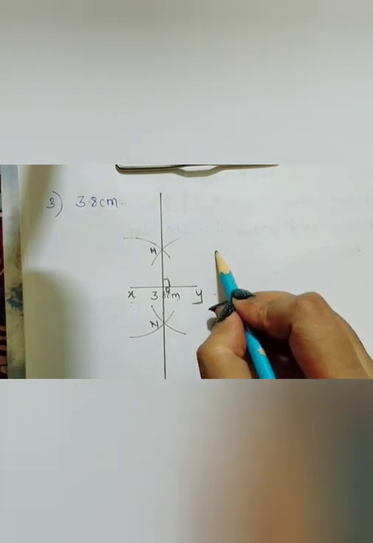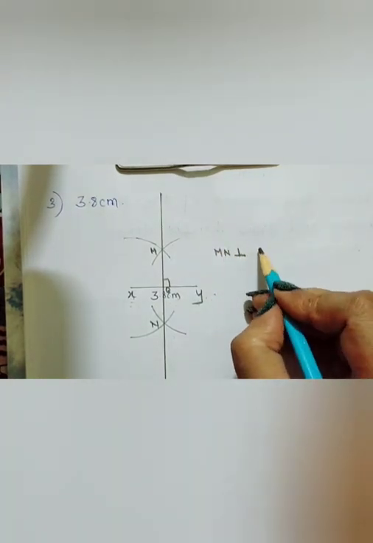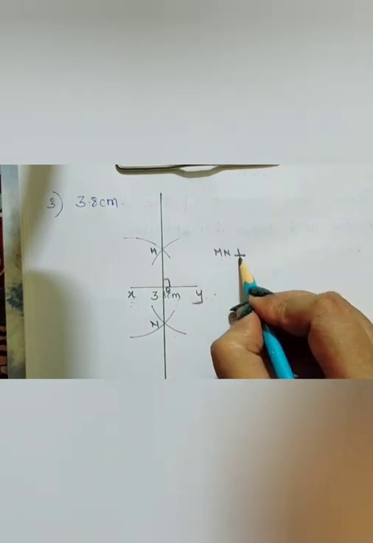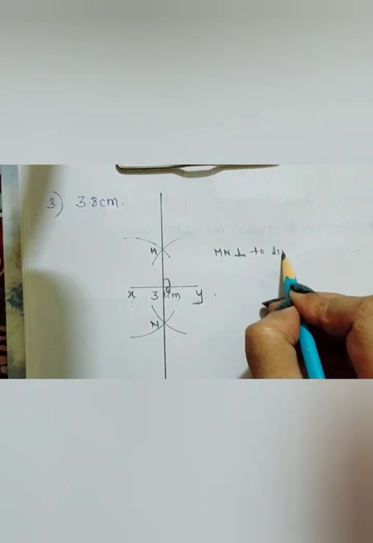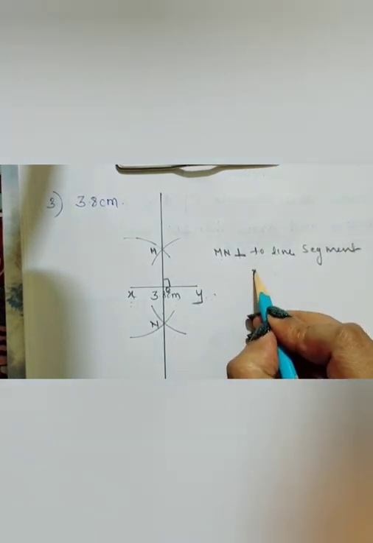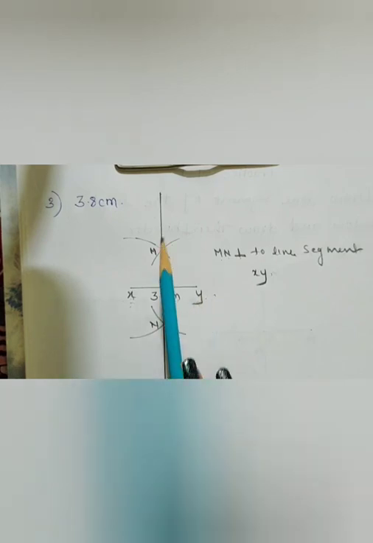I am writing here MN is perpendicular to line segment XY, and O is what? It's a midpoint. I hope you are getting how to draw a line segment and how to make a perpendicular bisector of it.